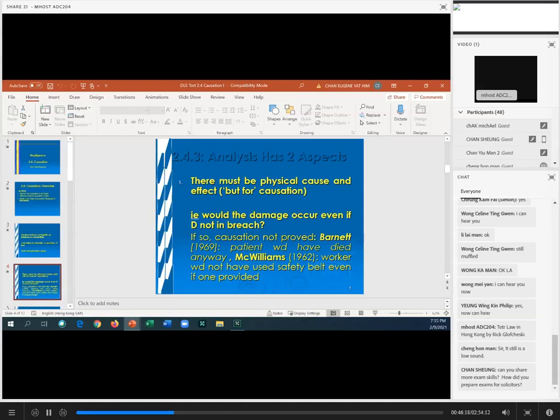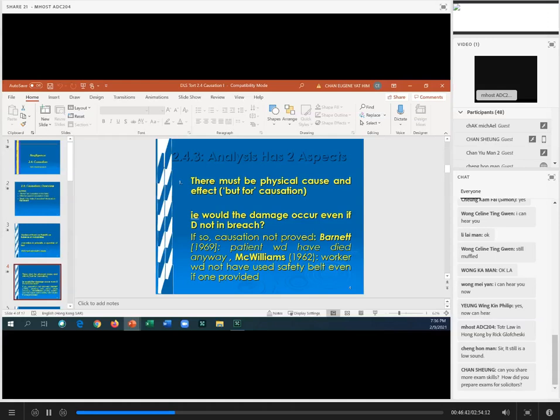Yes, because he had not come up to the requisite standard. Doctors should have recognized this is an emergency and taken emergency action. But was there causation? Good question. The court said there was no causation. Why not? Because Mr. Barnett would have died anyway. So there was no causation.